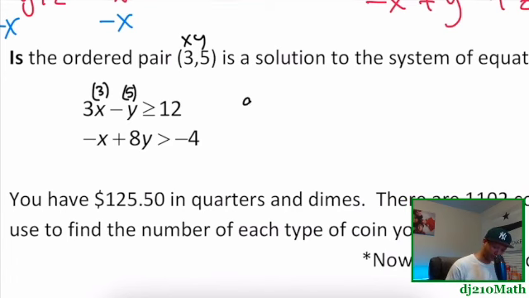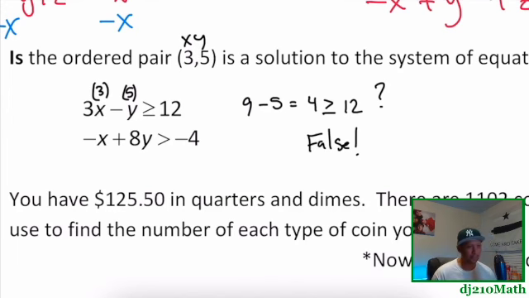So 3 times 3 is 9 minus 5, which is 4. Now, is 4 greater or equal to 12? That is the question. No, it's not. This is false.